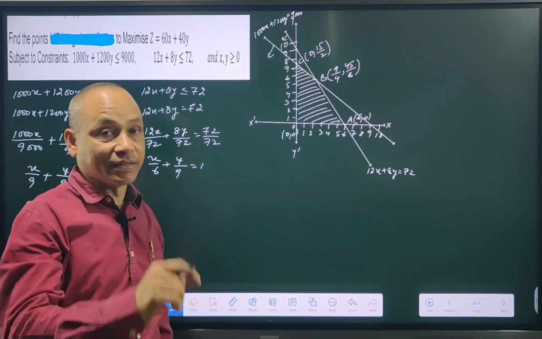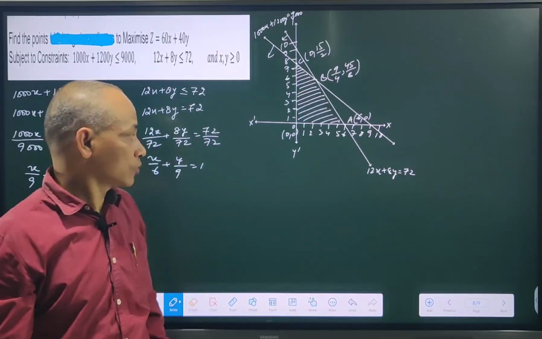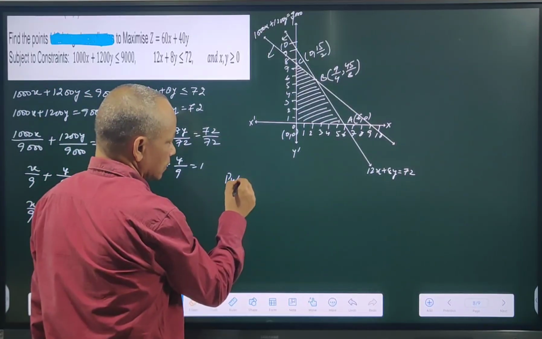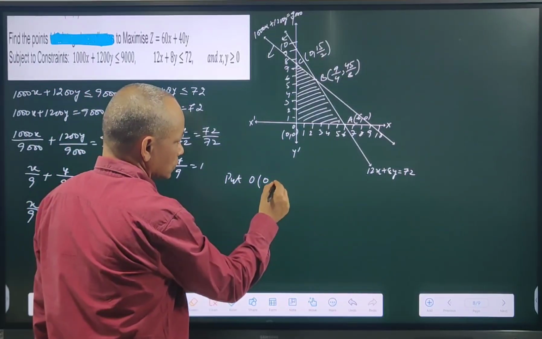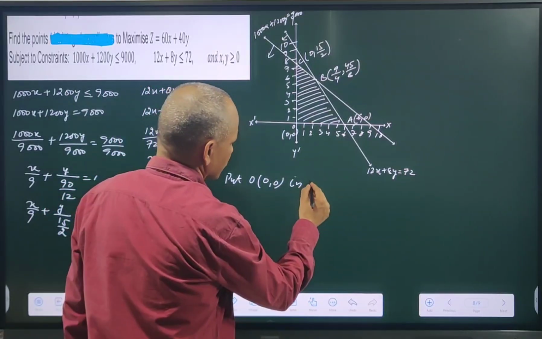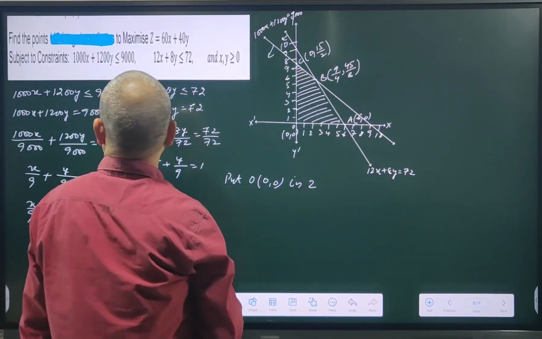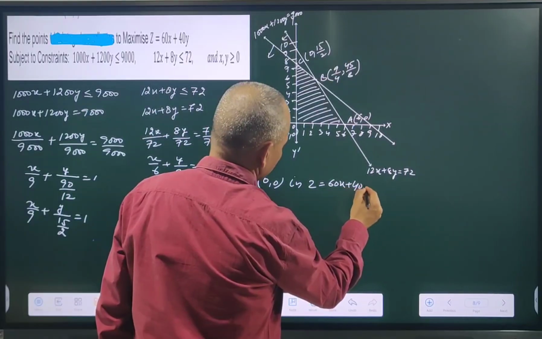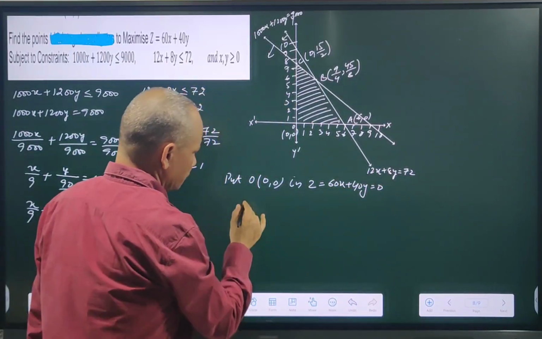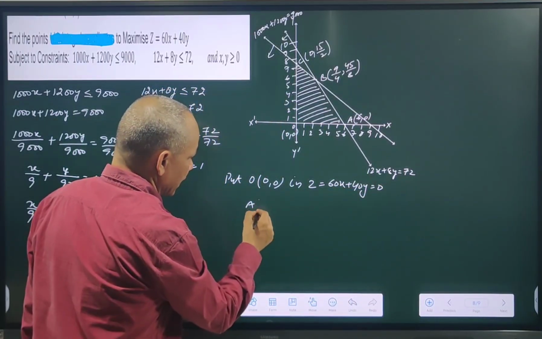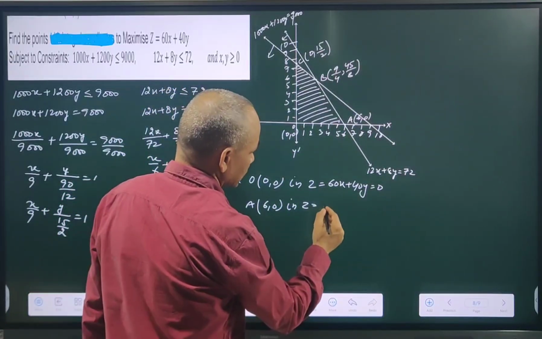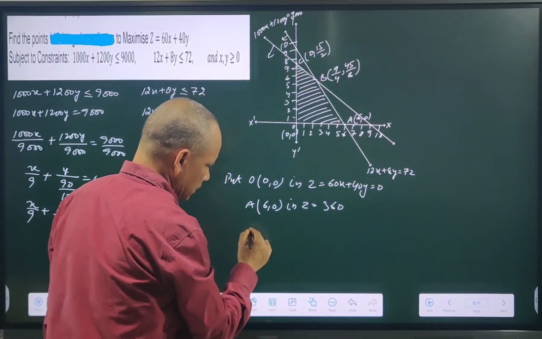But there is a twist in this question, right? Put O (0, 0) in Z. What is that? 60x plus 40y, it will be 0. If you put A (6, 0) in Z, it will be 360.